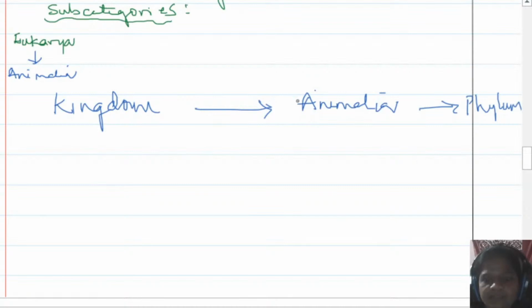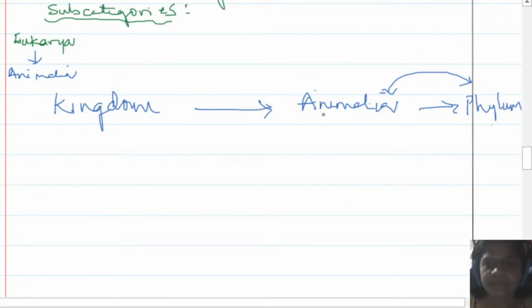This is one of the kingdoms in eukarya. When it comes to obligate categories, these two are right next to each other, right? Animalia, and then comes phylum. There are 9 phyla in here.